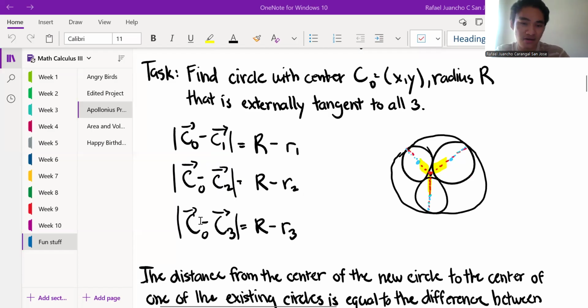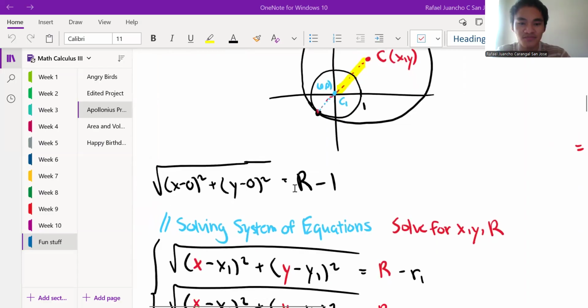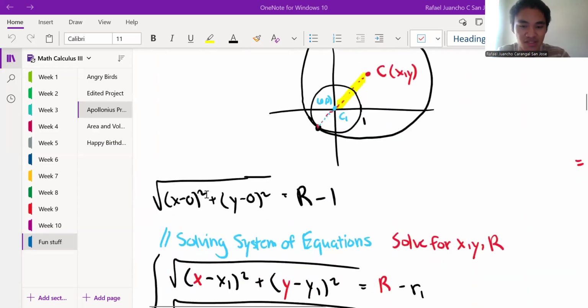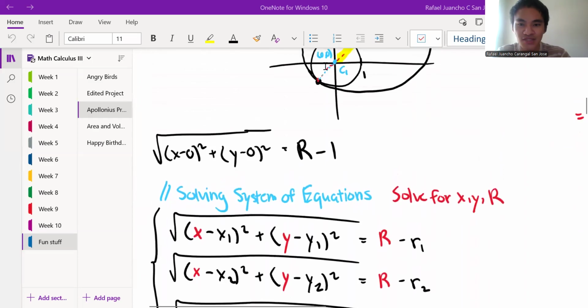And then from there, we just use the distance formula in 2D. So that's just a short example. Let's say one of our inner circles had the origin as its center. It's a unit circle.